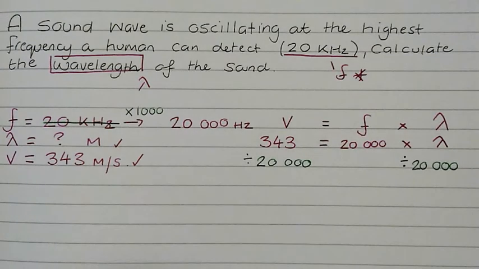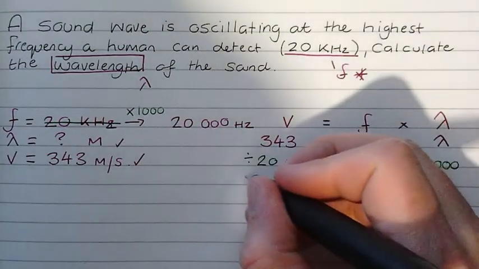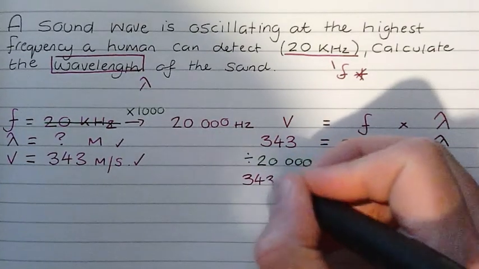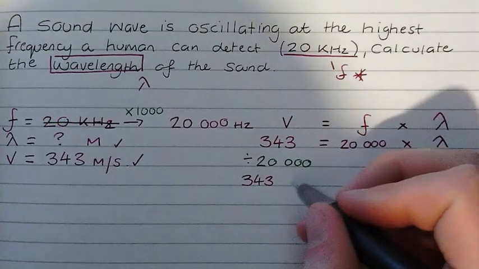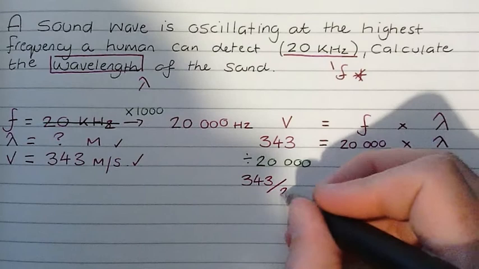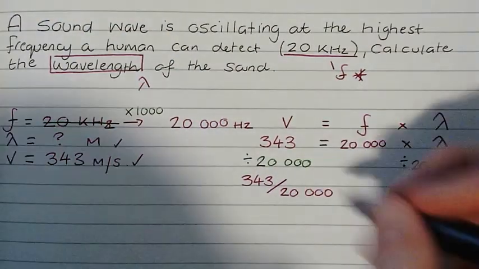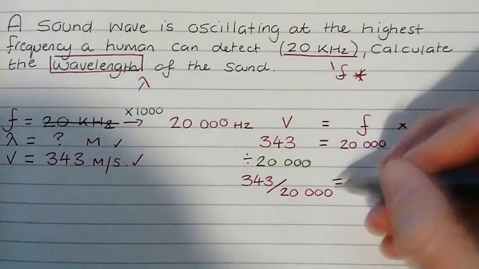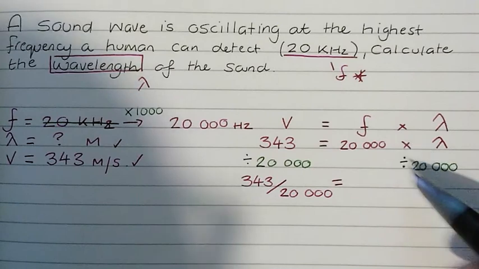So now we should combine and see what we've got. So we've got 343. Now I'm going to write it as a fraction because I prefer to put it in the calculator that way. Divided by 20,000. So 343 divided by 20,000 equals, and now we've got 20,000 divided by 20,000, so that cancels out.